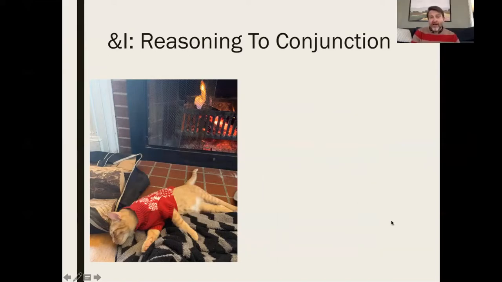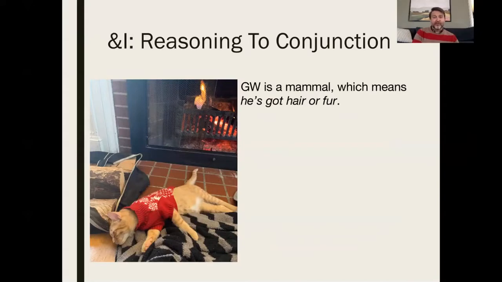Okay, let's turn now to look at conjunction introduction. In conjunction elimination, we moved from a conjunctive statement to a statement that had at least one less conjunct in it. Now we're going to consider conjunction introduction. In this case, we'll be moving towards a statement that includes a conjunction where previously there wasn't a conjunctive statement.